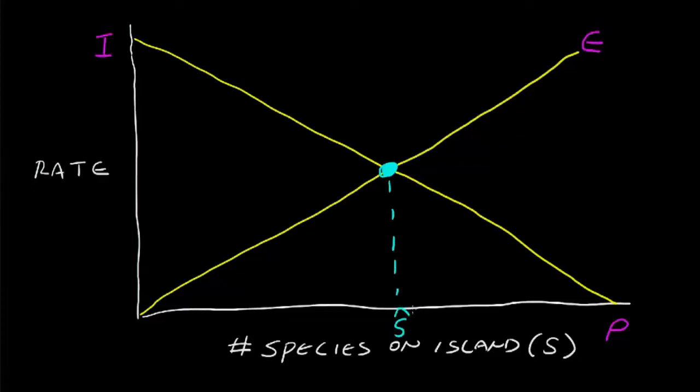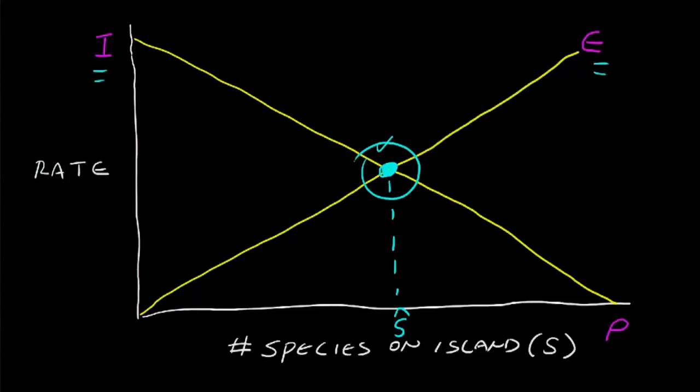That's our S hat. In other words, we have a balance between immigration and extinctions. So the number of species arriving at the island is offset by the number of extinctions occurring on the island, and in other words, the richness of species remains the same. So this is our equilibrium point that's shown graphically here.